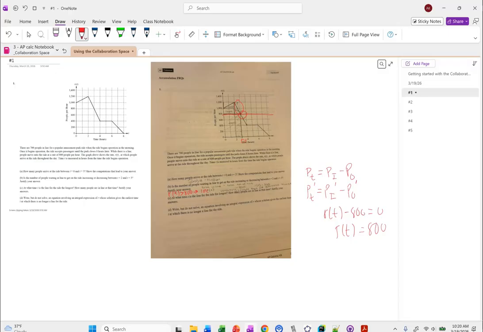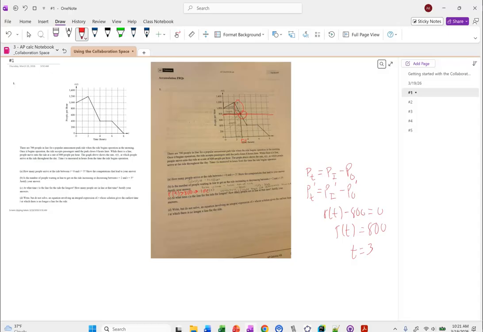At what time t is the line for the ride the longest? So we already kind of started this here, right? We set up an equation for the people in line. Because we're looking to optimize, because we're looking for the longest, we took the derivative, set it equal to 0. We solved. And now all I want to do is confirm that this is indeed the maximum.